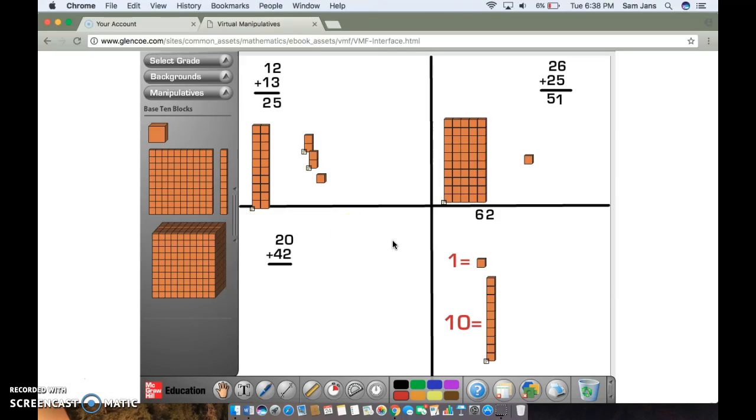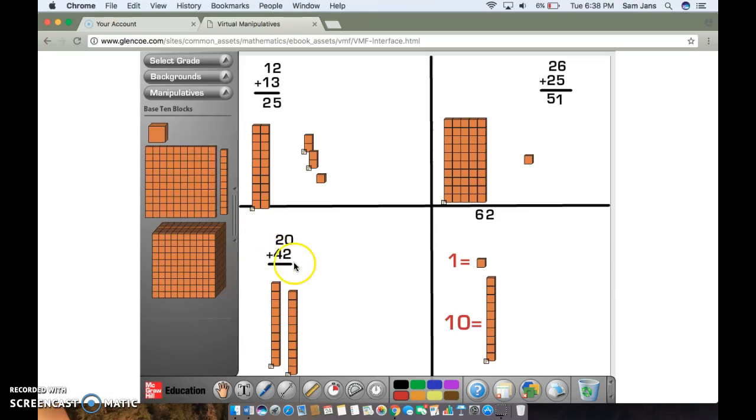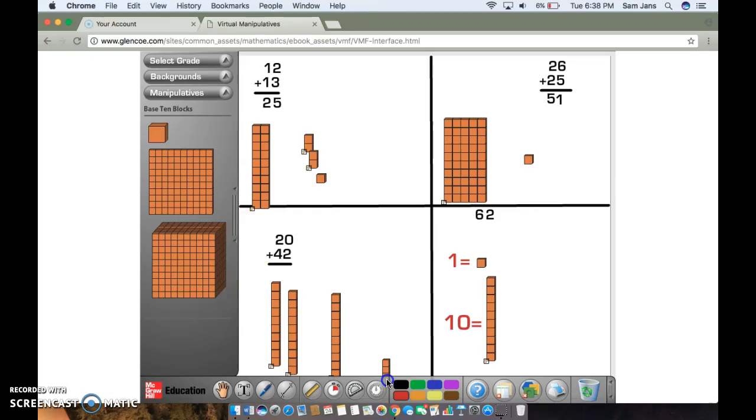For 20 plus 42, we're going to do the same exact thing as we have done before. We're going to drag over here, for the 20, 2 individual ten blocks. And there's a 0 in the 1's place, so we don't have to drag any individual 1 blocks over. And for 42, we have 4 of the ten blocks and 2 of the individual blocks.